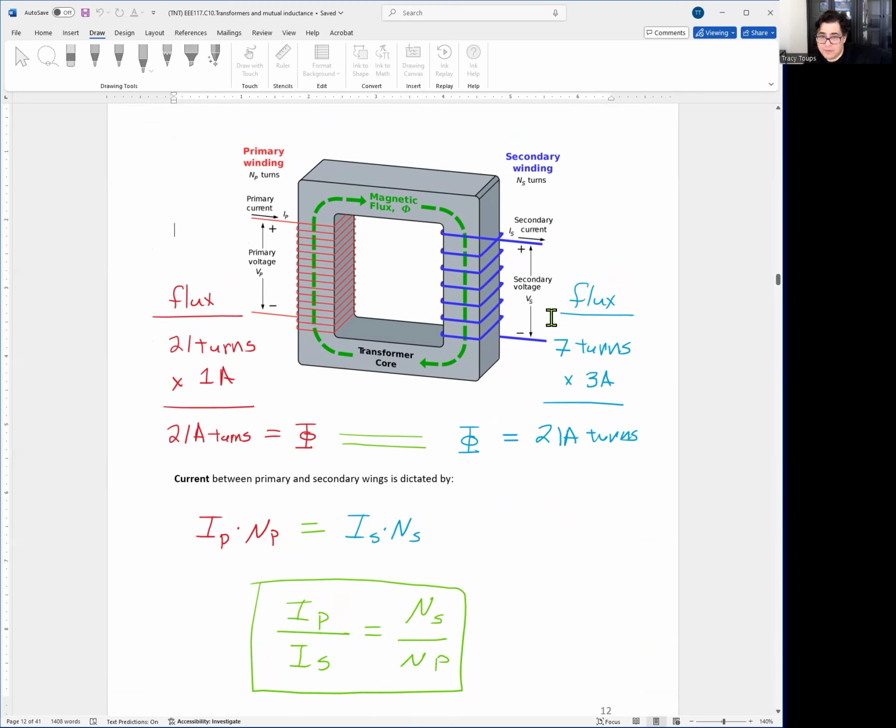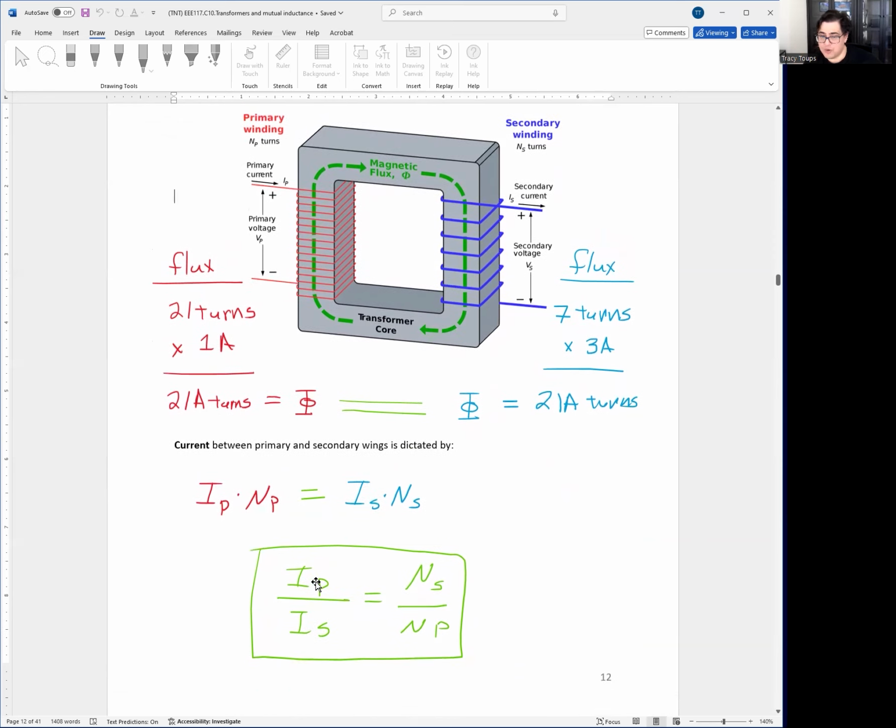This is equal to the same magnetic field on the secondary side, which is also amp turns: secondary amps times the turns of the secondary winding. We can rearrange this to get a ratio of current: IP, primary current, is what's flowing into the transformer, versus what's flowing out, IS. And that's a ratio we can design for.